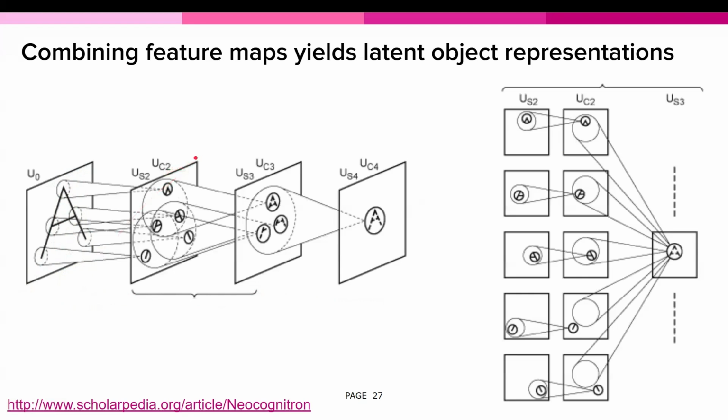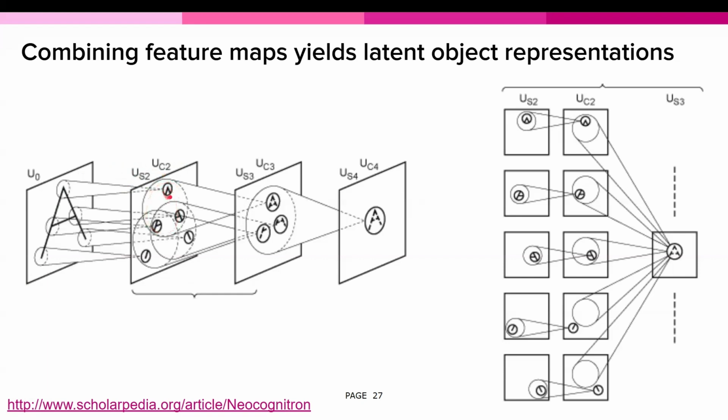At this stage, let's suppose that each S cell receives signals from all the cell planes that came before it. And let's suppose further that the input connections to this sheet of S cells at that layer have been reinforced in such a way that they respond when multiple low-level features are present simultaneously.